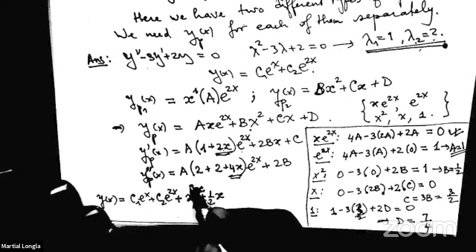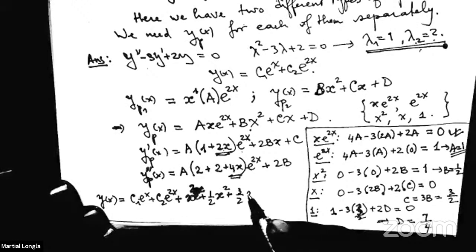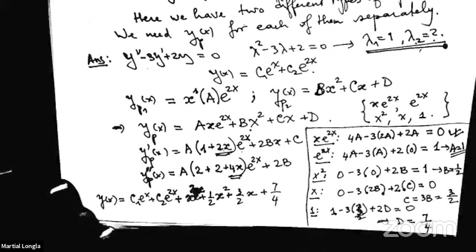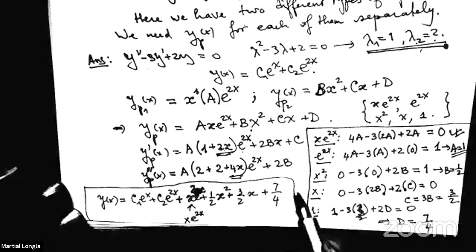That's a x e to the 2x plus 1/2 x squared, and c 3/2 x, and d 7/4. Again, I repeat, here it's x e to the 2x. That's it. Questions?